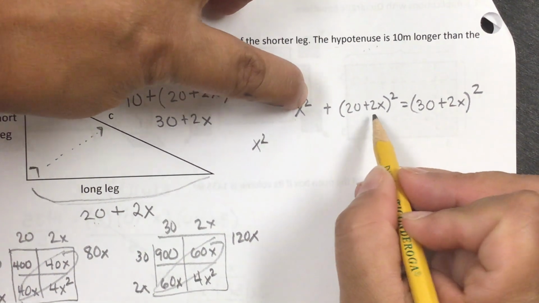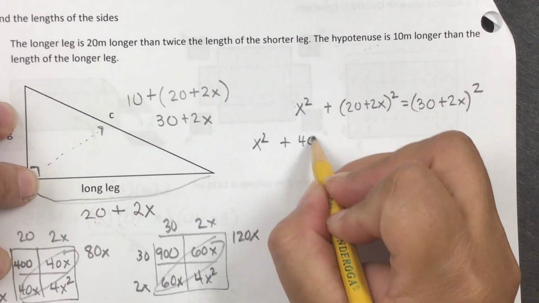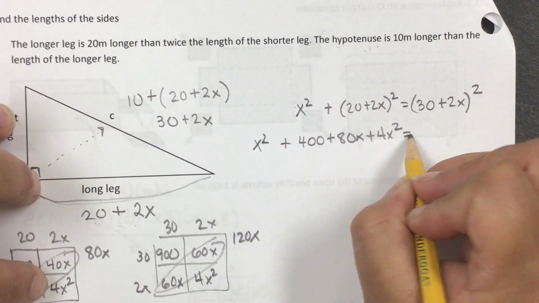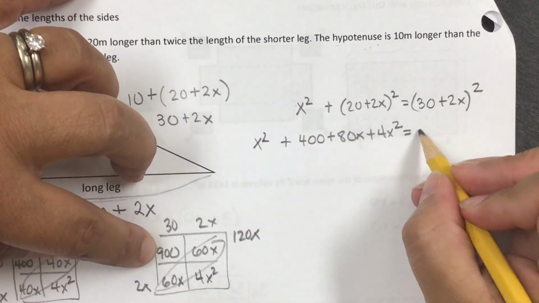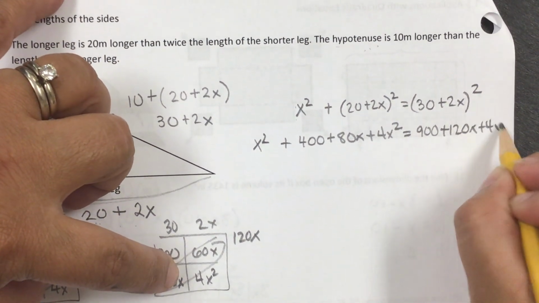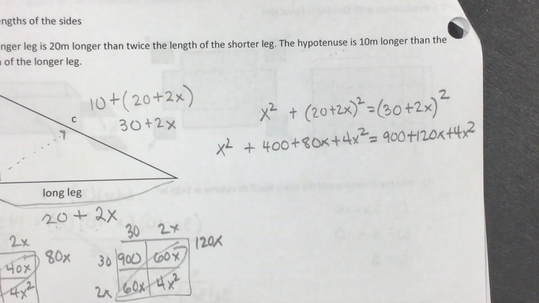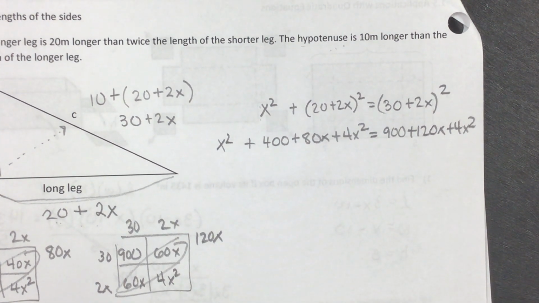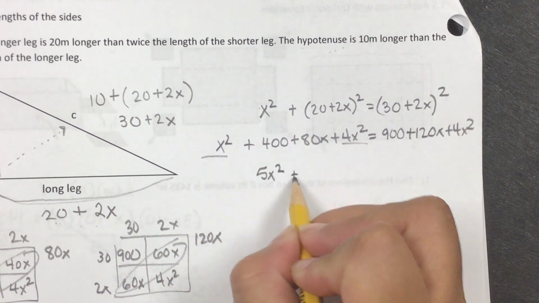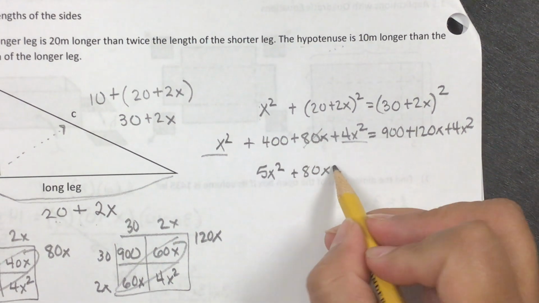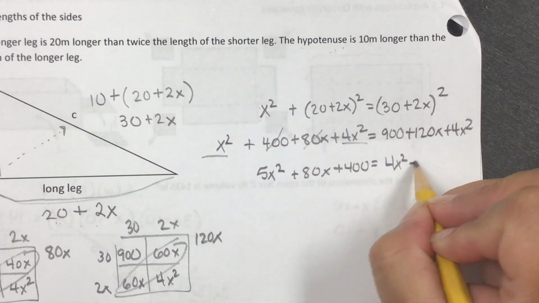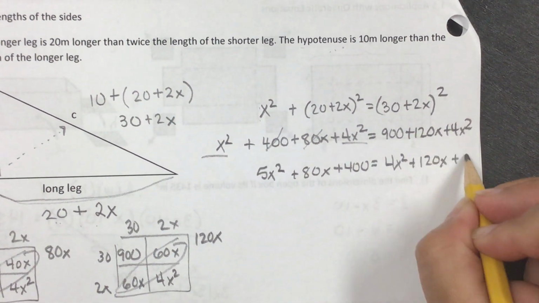And then all of this becomes x squared plus 400 plus 80x plus 4x squared is equal to this one, 900 plus 120x plus 4x squared. I'm going to combine like terms and organize this just a little bit. This plus this makes it 5x squared plus 80x plus 400 is equal to 4x squared plus 120x plus 900.